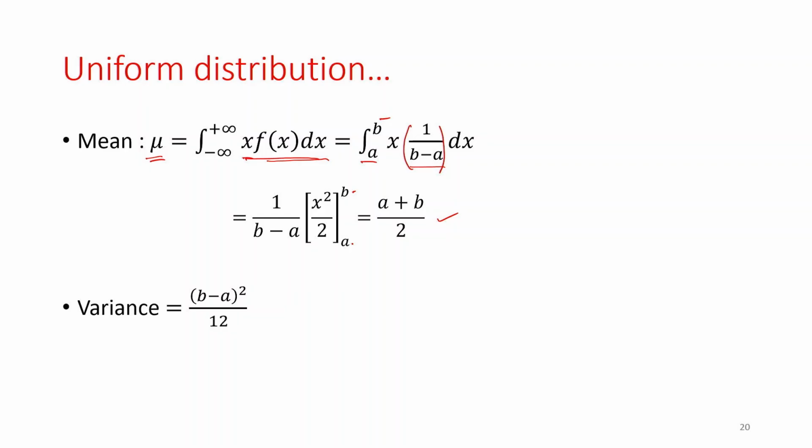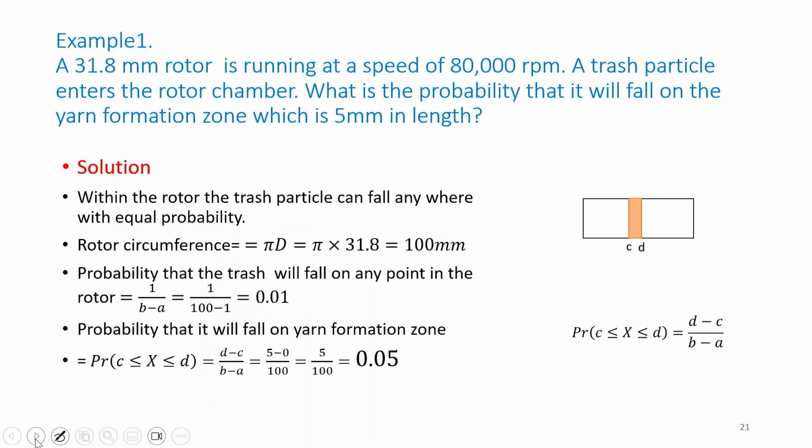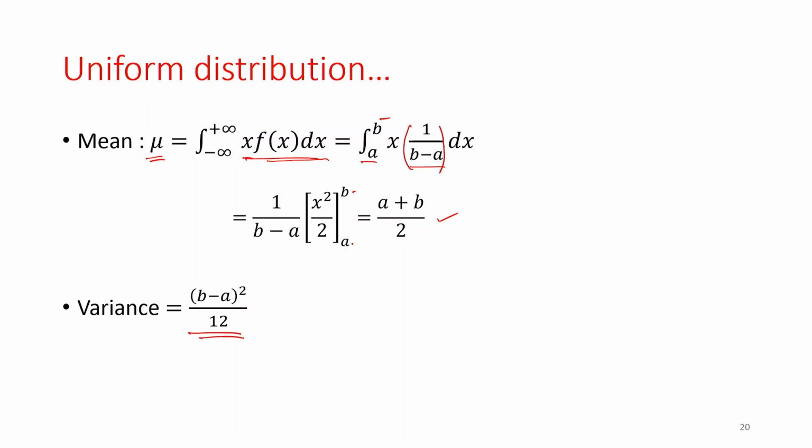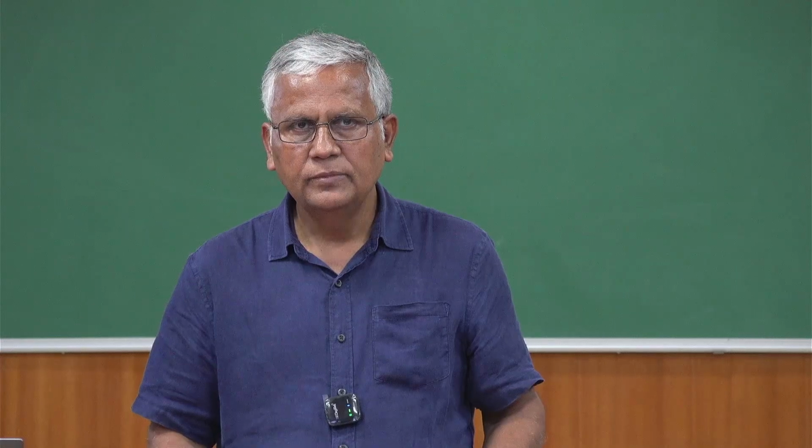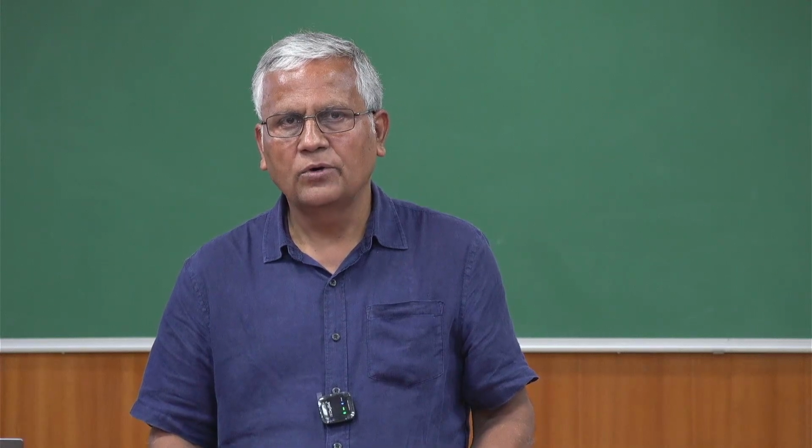So the mean of the uniform distribution ultimately appears to be so simple, (a plus b) by 2. And the variance also can be proved to be (b minus a) whole square by 12. This is what we are not going to derive. That derivation is a bit lengthy, so we are trying to avoid that. So just remember that the mean is always (a plus b) by 2, and the variance is (b minus a) whole square by 12.